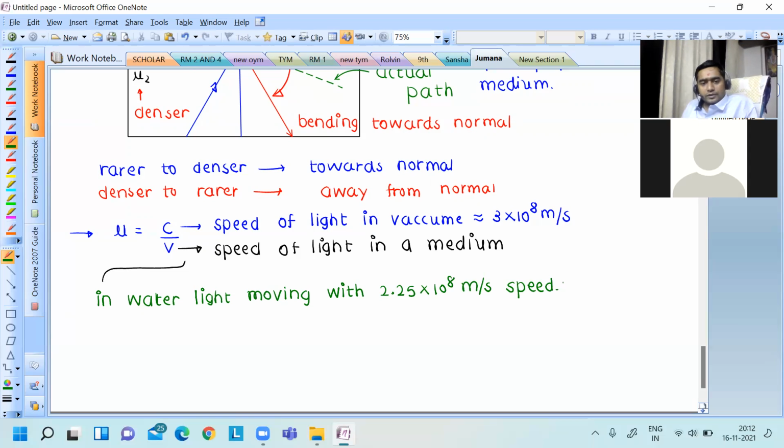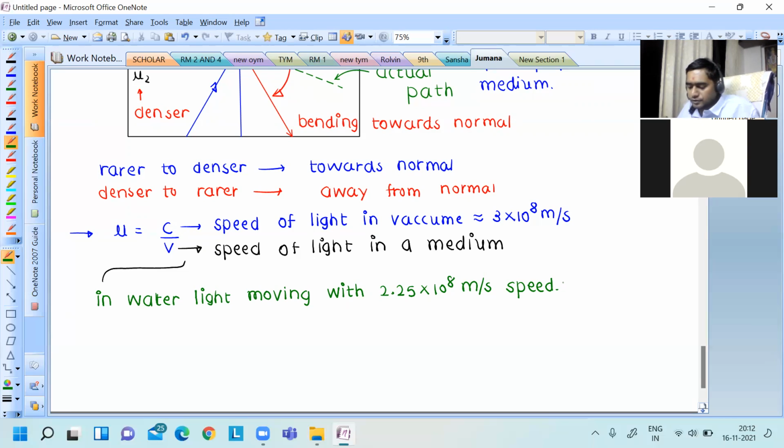Can you find out the refractive index of water, given the speed of light in vacuum is 3 times 10 to the power 8 meters per second? But the speed of light in vacuum will not be given to you in the question, because it is the understood part. So we don't have to worry about it. It is always fixed, 3 times 10 to the power 8 meters per second. 4 over 3, which is 1.333.